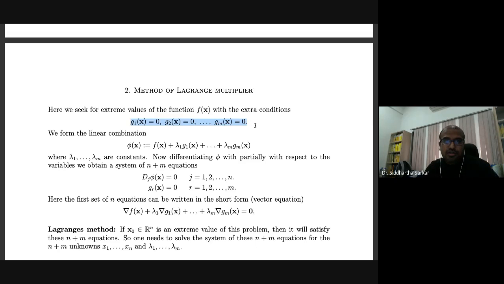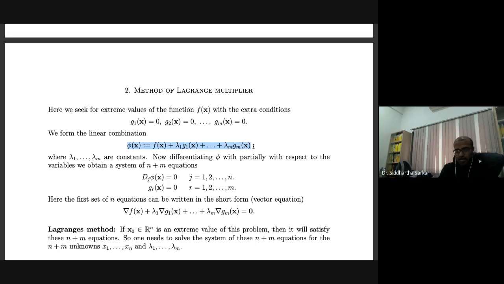So it turns out that if we want to find out whether there is an extreme value, what we do is the following. You compute the function phi, which is a linear combination in the following form. You take f(x) and take m possible scalars and multiply them with the g functions to form this function phi.